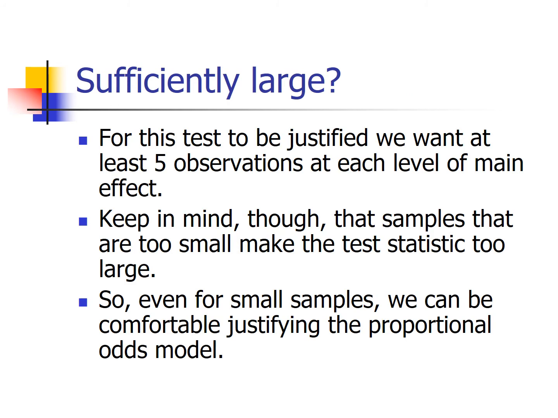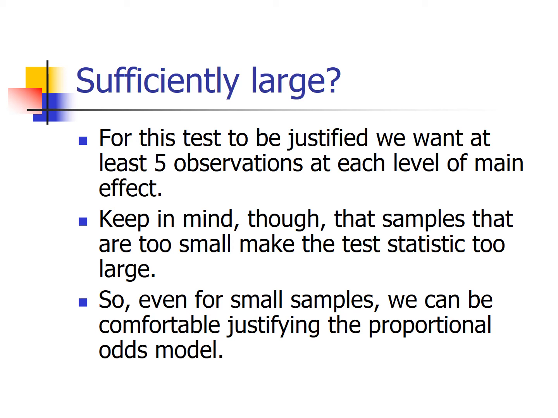In terms of sufficiently large, we want to aim for at least 5 observations at each level of main effect. Keep in mind, though, that when samples are too small, we know what direction to expect the bias to be.